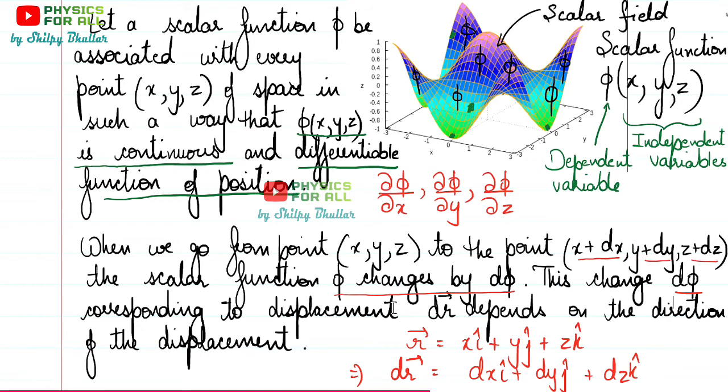Then instead of always mentioning dx, dy, dz, we go for a common vector, which is r. r represents all the three components of space. As we know, we can write r as x i cap plus y j cap plus z k cap, and it is a vector. This vector is often used because all the three directions are included.